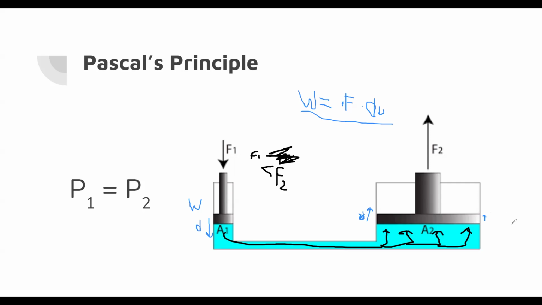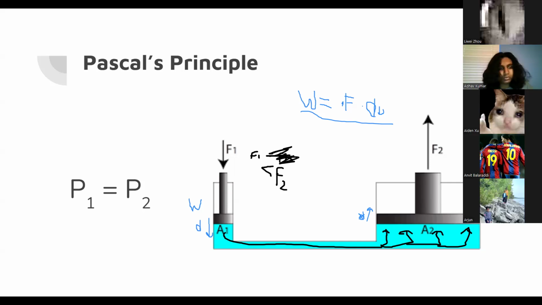So we need to push it down a great distance to get the work required to push it up. That makes sense. So we're all clear with Pascal's principle, this idea of work and how it's related here.